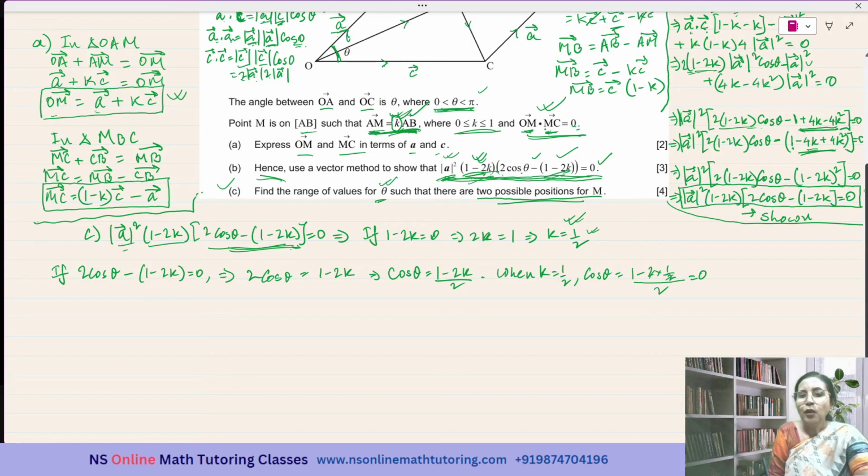So cos theta equal to 0 implies theta is equal to pi over 2. So theta cannot be equal to pi over 2. Theta is an angle from either the first quadrant or the second quadrant, and pi over 2 falls in between the first two quadrants. But we cannot take this value of theta because this corresponds to a single value of k.